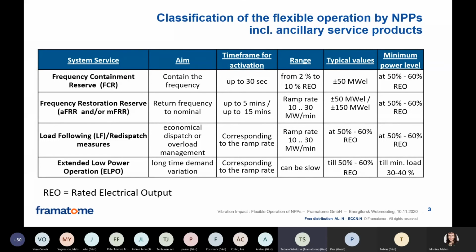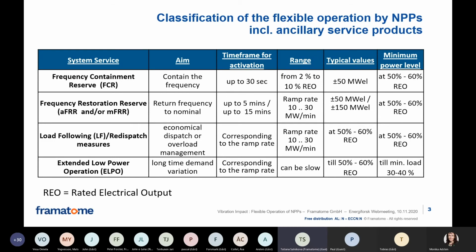But what is LPO? It is an extended low power operation where it is not so important how fast you go to this level, but you stay quite a long time, more than 12 hours, 24 hours, at a low level. It is a planned type of maneuver, and typically it could even go down to the minimum load of the plant.